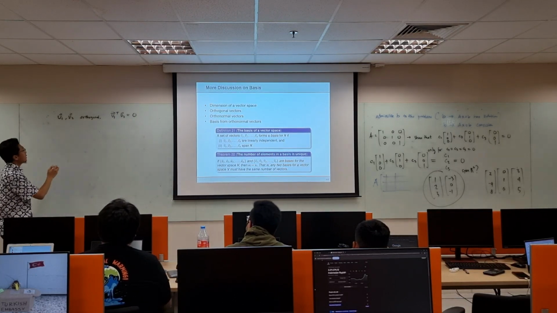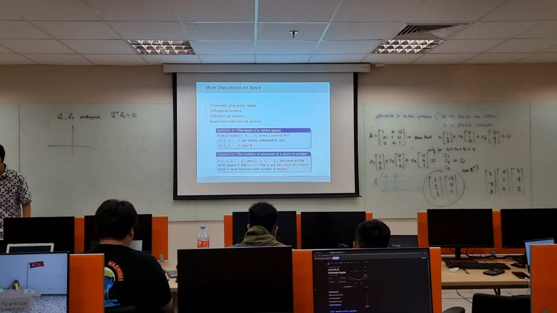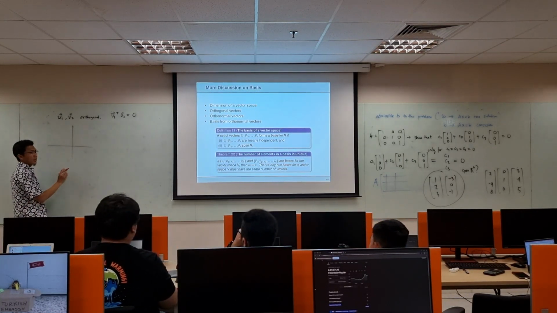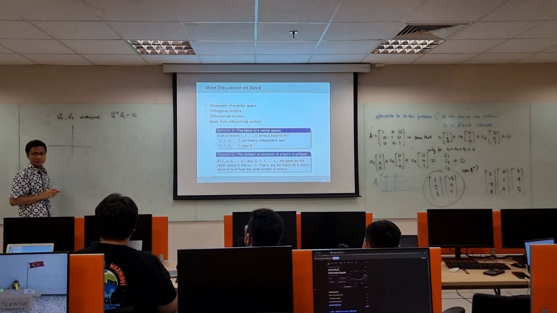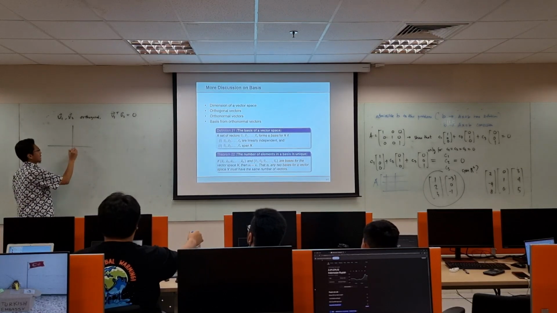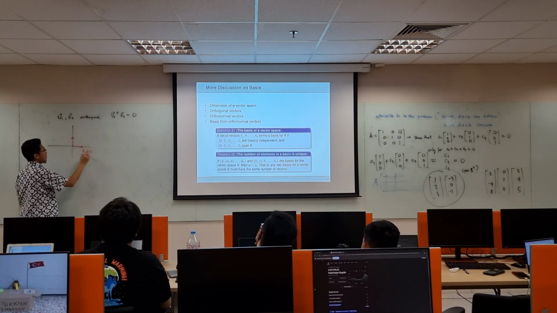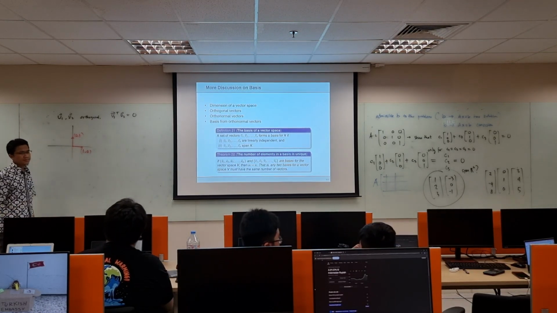An example of this: if it is an xy plane, what's the easiest example of orthogonal vectors? 1, 0 and 0, 1. Yes, correct. Here this is 1, 0 and this is 0, 1. These are orthogonal.